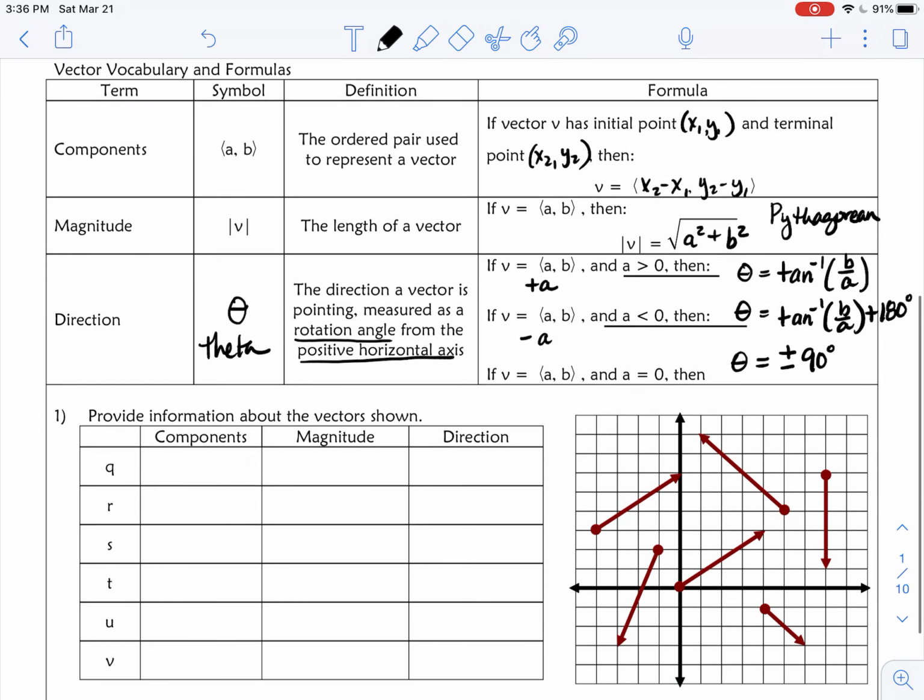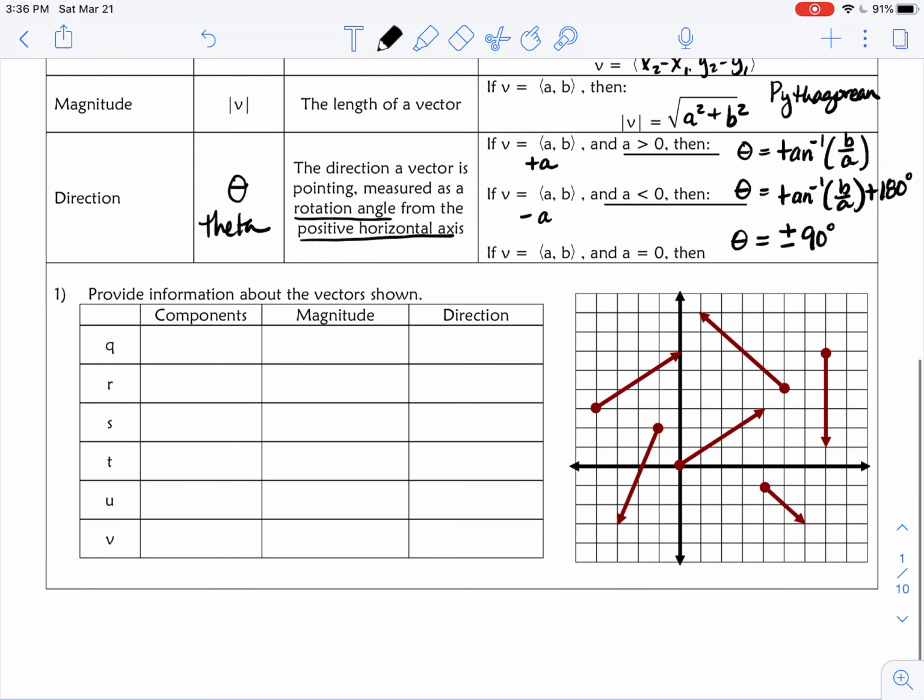Okay, so now we've got some basic vocabulary. Let's take a look at a few examples. We'll just work one of each of those cases. So I'll just start with this vector here. I believe this vector is labeled T on your worksheet.